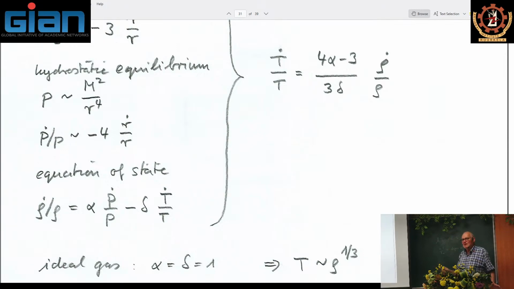If we want to keep this degree of degeneracy constant, then the temperature has to be proportional to E0, the Fermi energy of our particles.